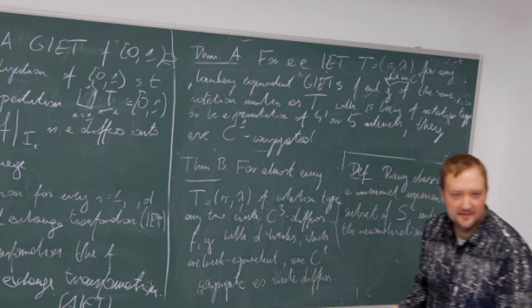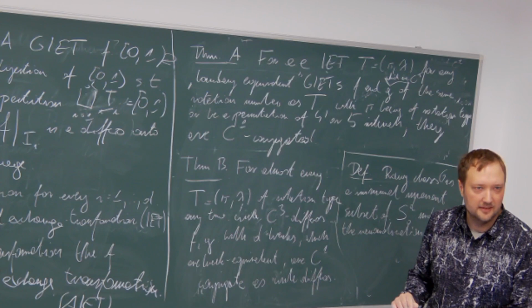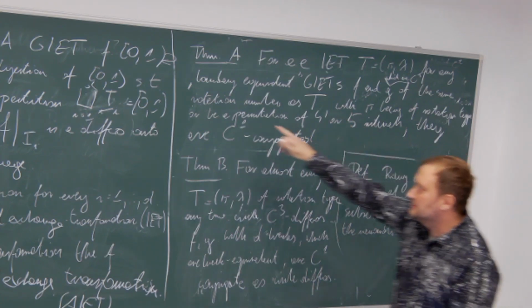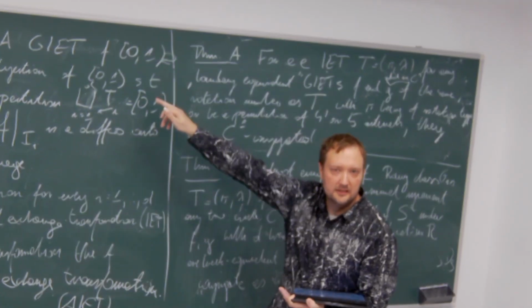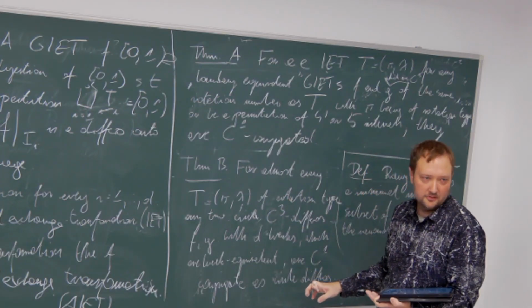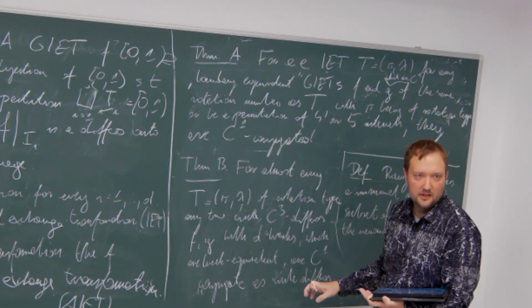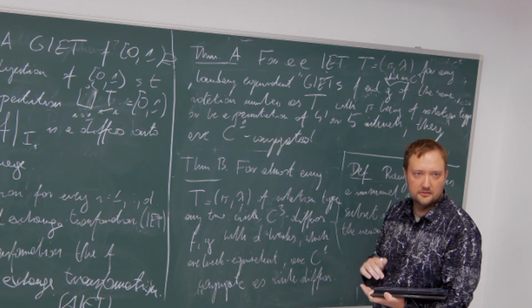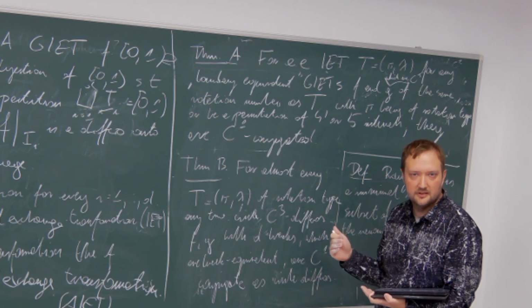So where does this difference come from? Because there is a subtlety. Here we are considering maps of the interval, and here we are considering maps of the circle. The topology is slightly different, right? If you consider it on the interval and when you consider it on the circle.